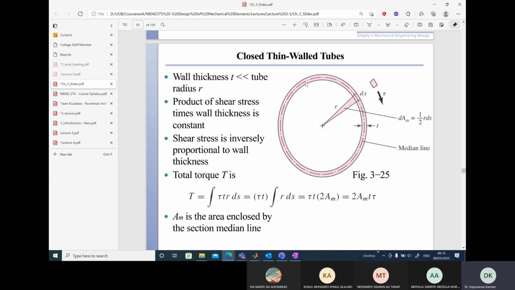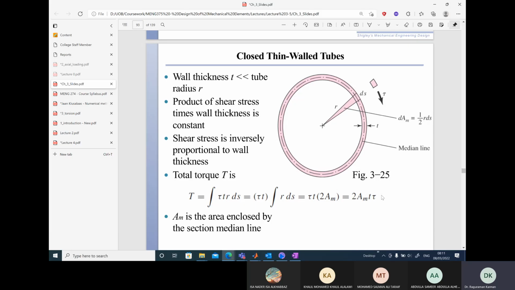You see the dashed dotted line in the center, that is the median line. The area enclosed by this median line, that area is called AM. Okay, so all the central area inside the median line, that will be the area AM. Usually it will be circular, and you can figure out what is AM very easily using pi r square formula.